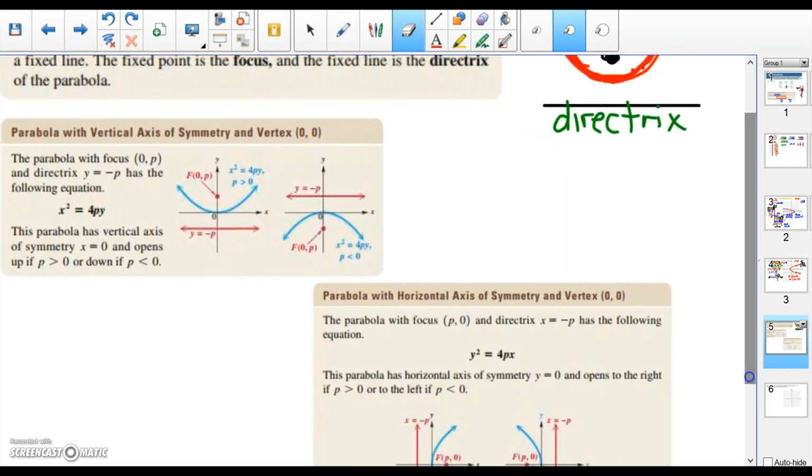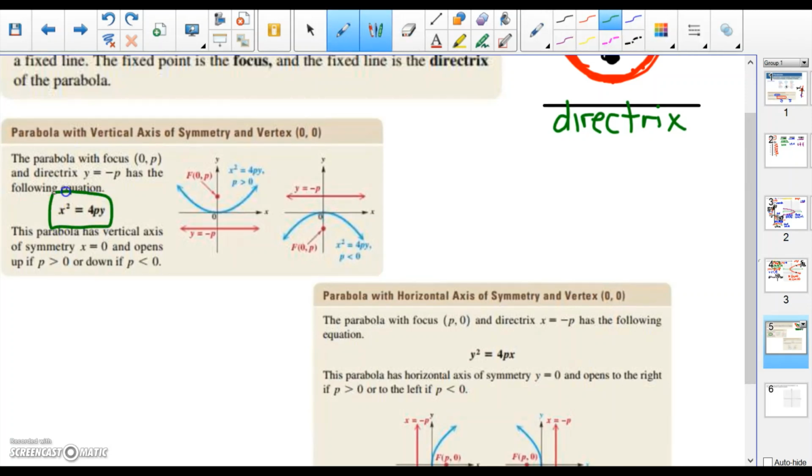So we have some different properties, and you should try to read through this chart. They give you the formula in this form or this form, and that's kind of backwards from the way we usually see it. We usually see it with the non-squared variable isolated.